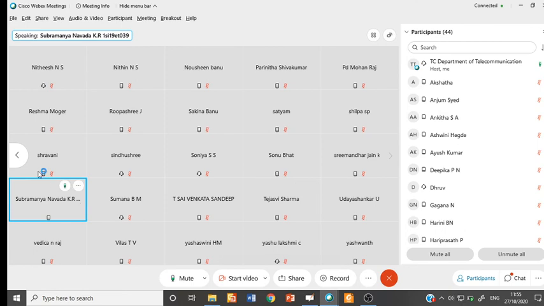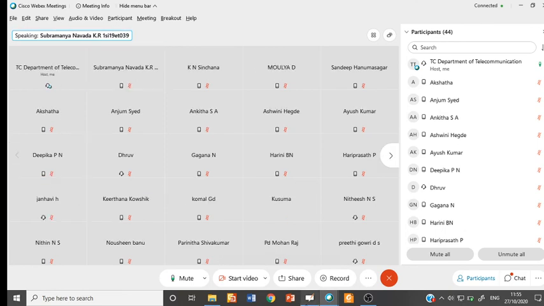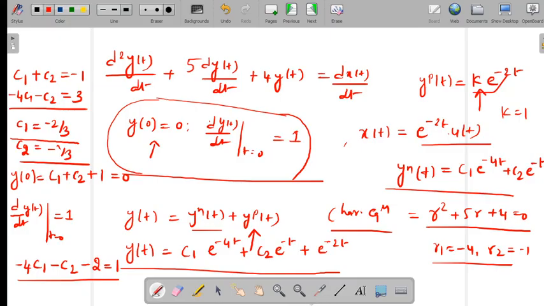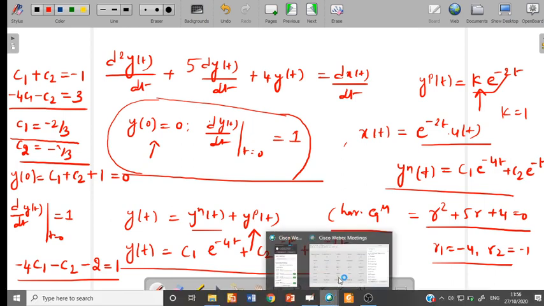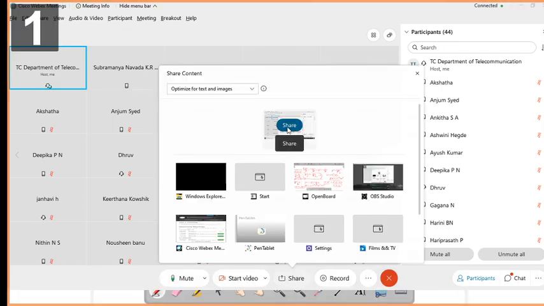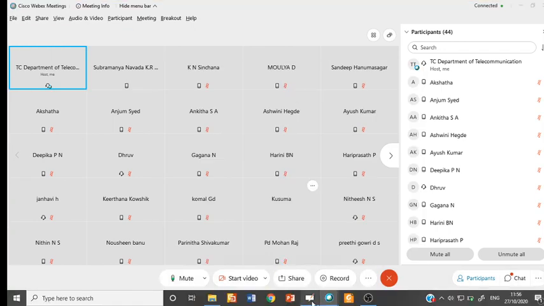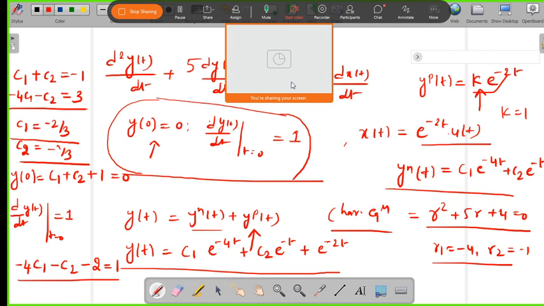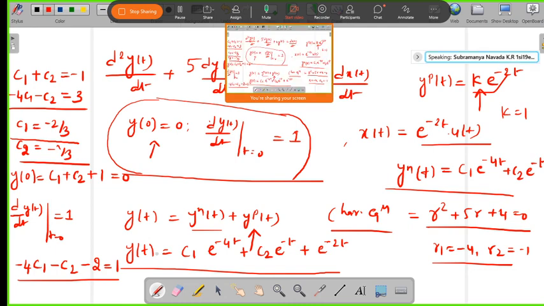Okay. So, now the solution will be y(t) equal to minus 2 by 3 into e power minus 4t minus 1 by 3 into e power minus t plus e power minus 2t. So, if you substitute both the natural response as well as the particular solution, you will get the final y(t). Okay.